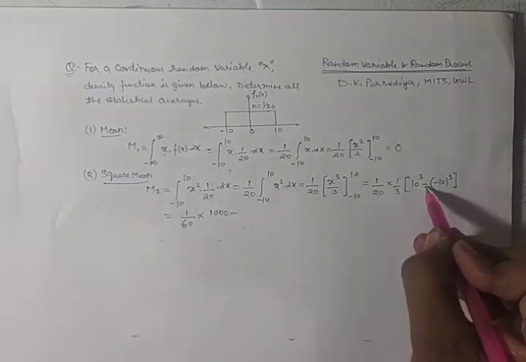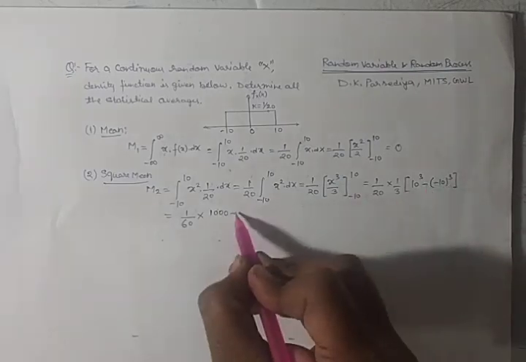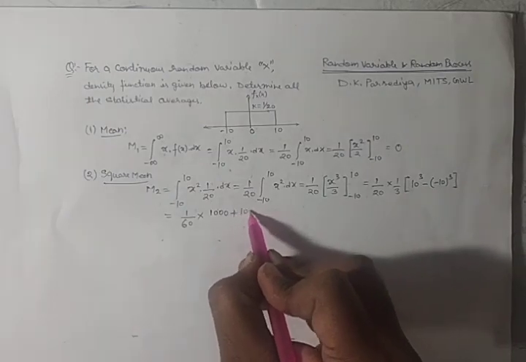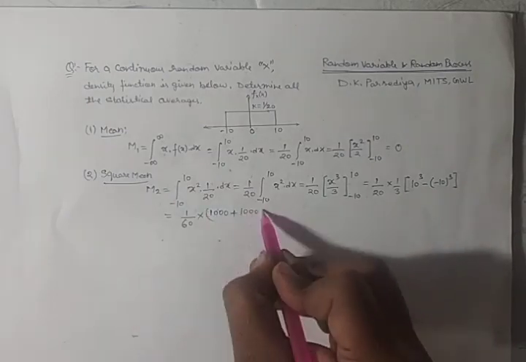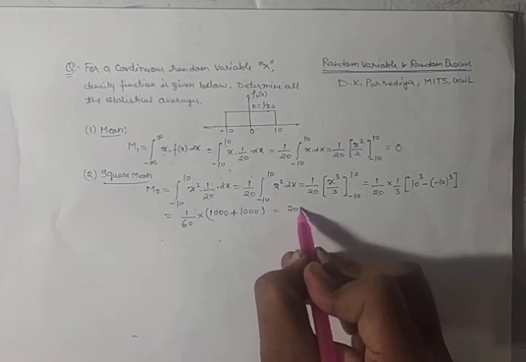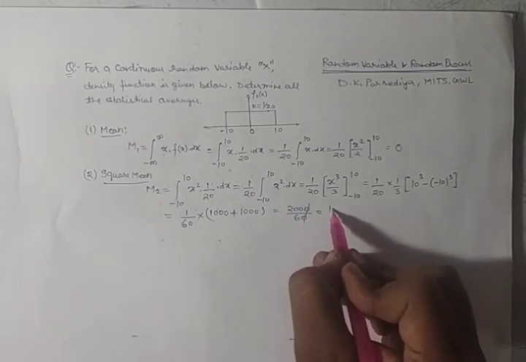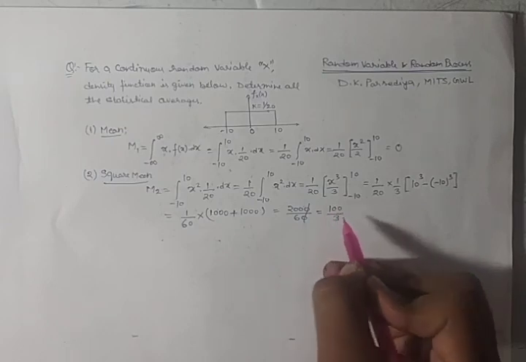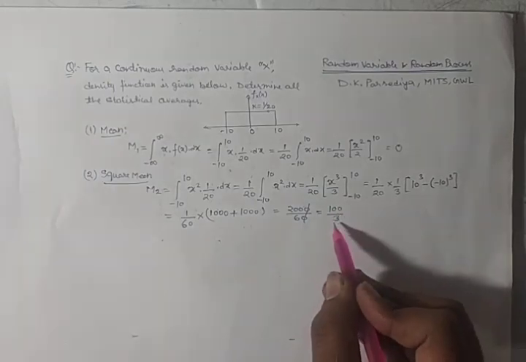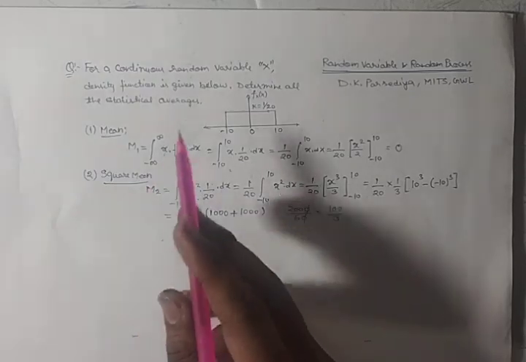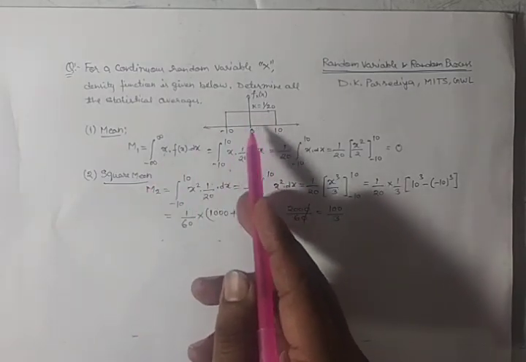Now this minus and this minus will become plus, so 1000 plus 1000, this will be 2000 upon 60, and that will give you 100 by 3. So 100 by 3 will be the square mean for this density function.